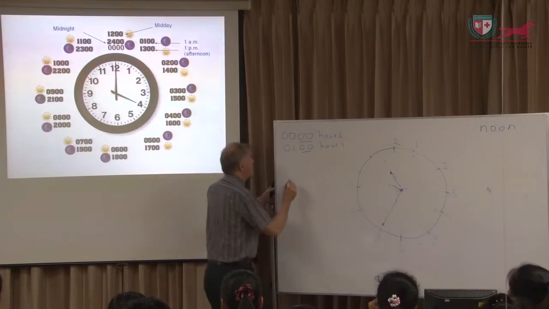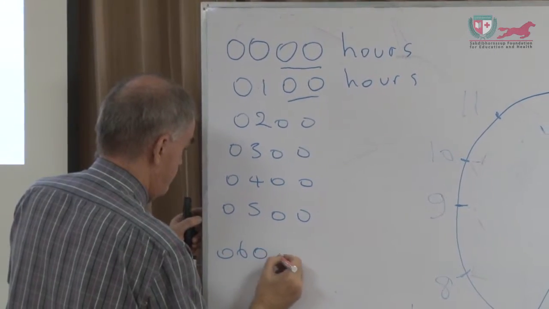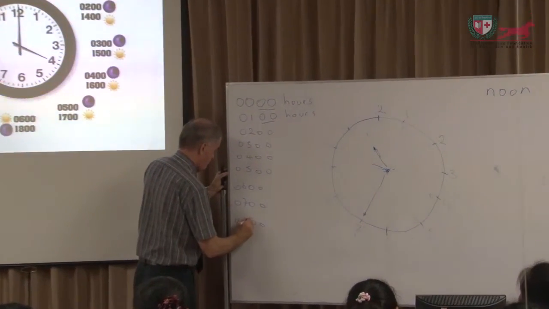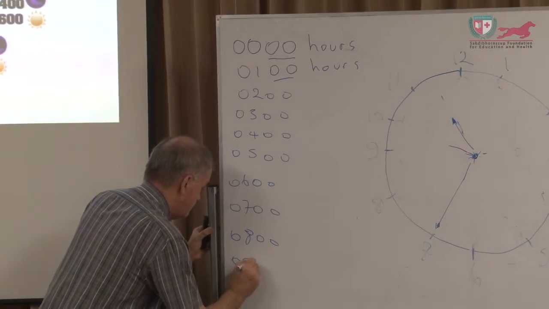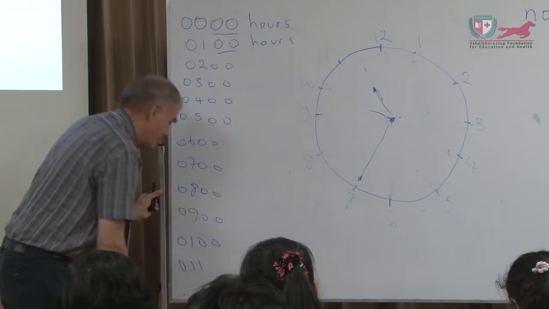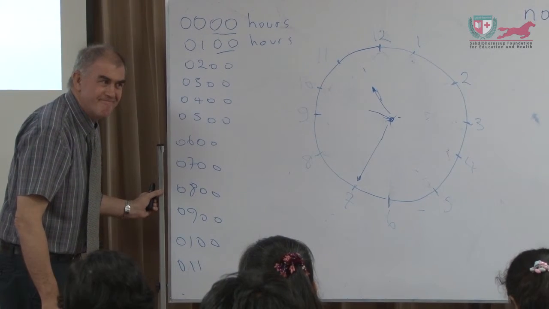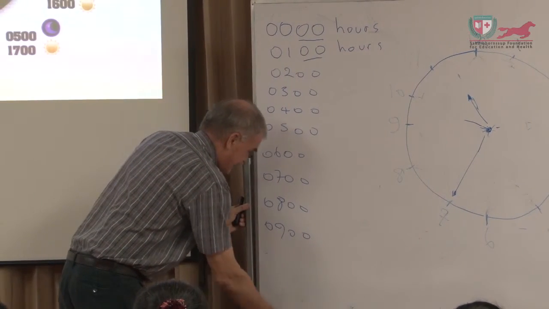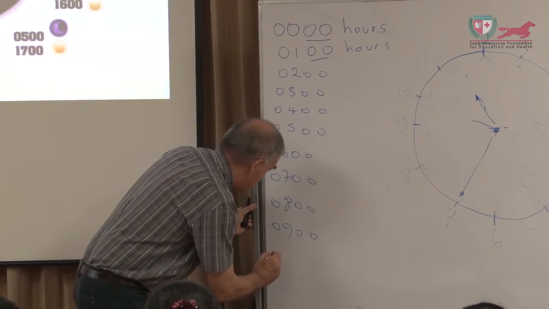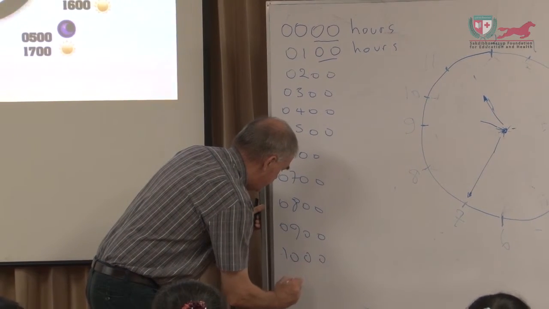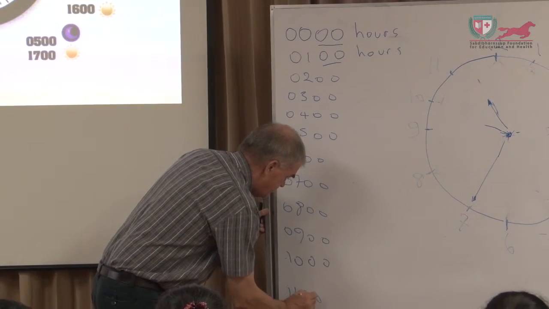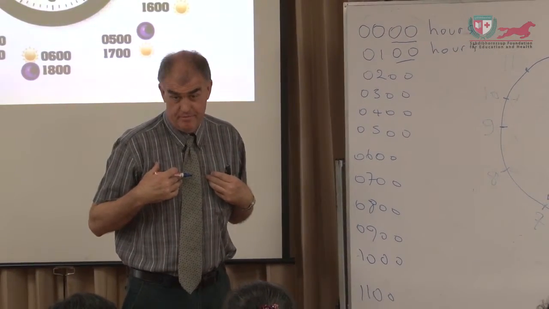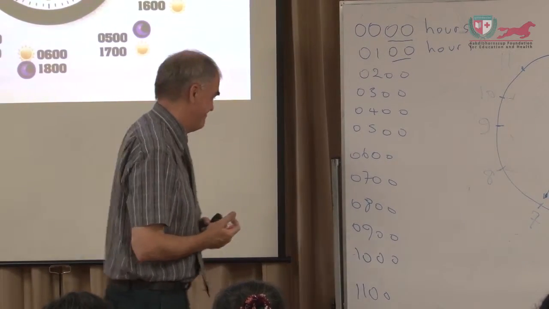So we have 1000... not correct. Yes, good. Thank you. I am incorrect. You are correct. Okay.